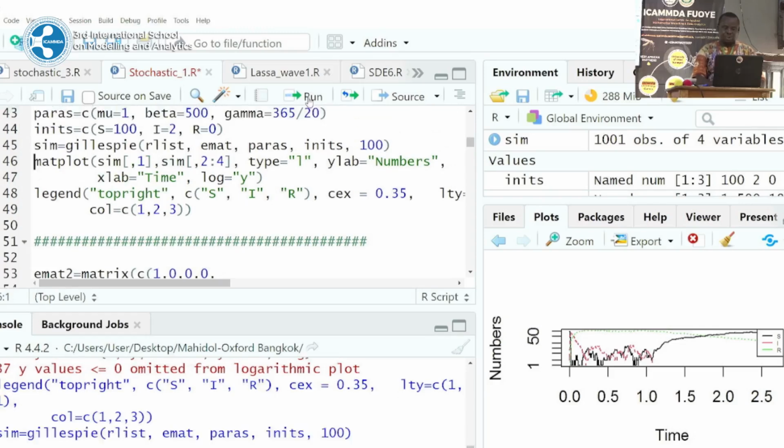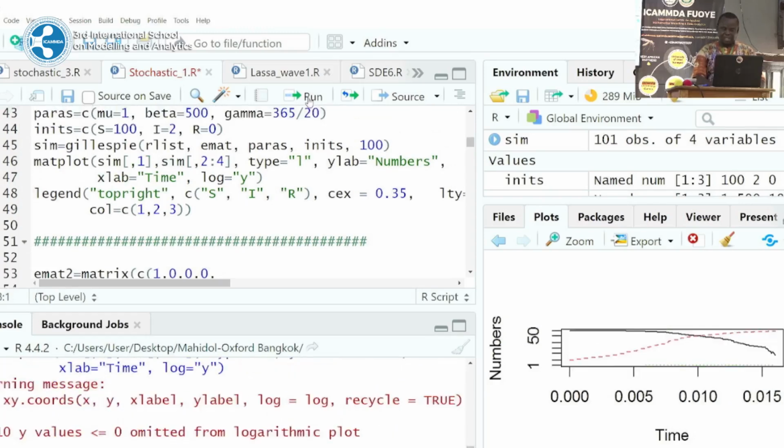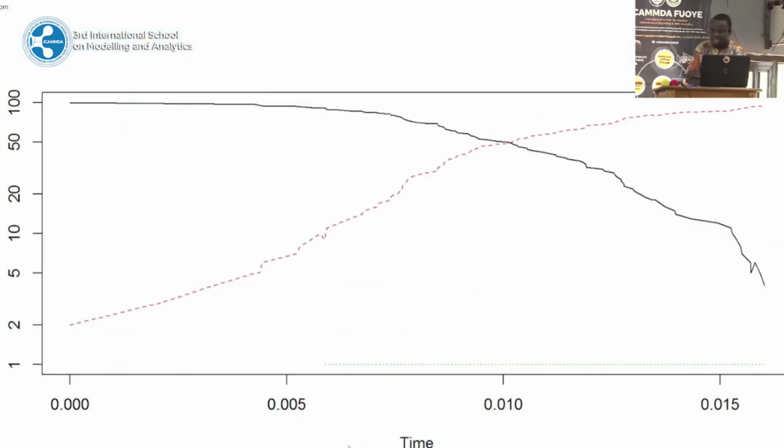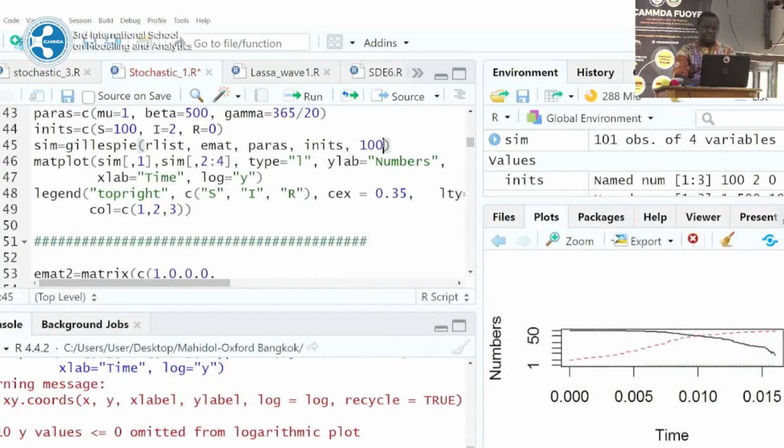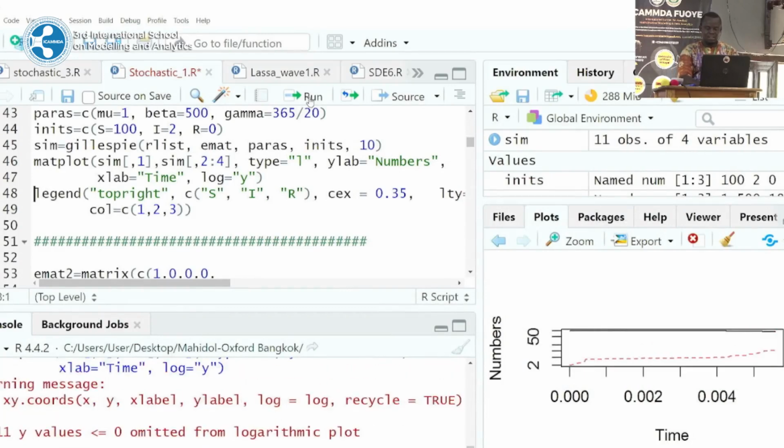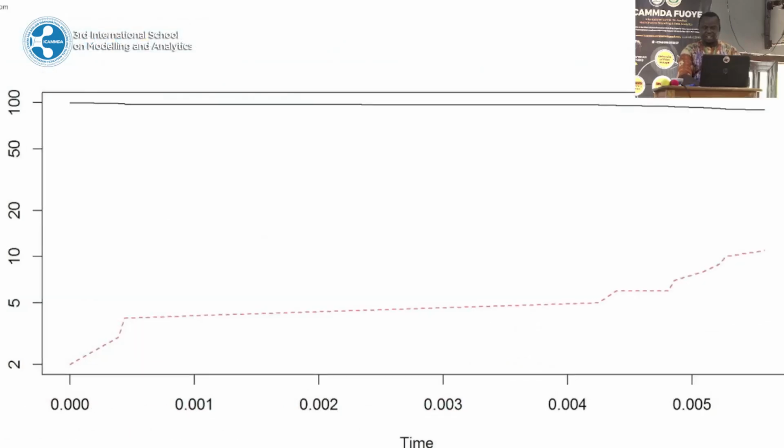If I reduce it to 100 times, see that it's changing. Now, if I reduce it to 10 simulations, it's also changing.